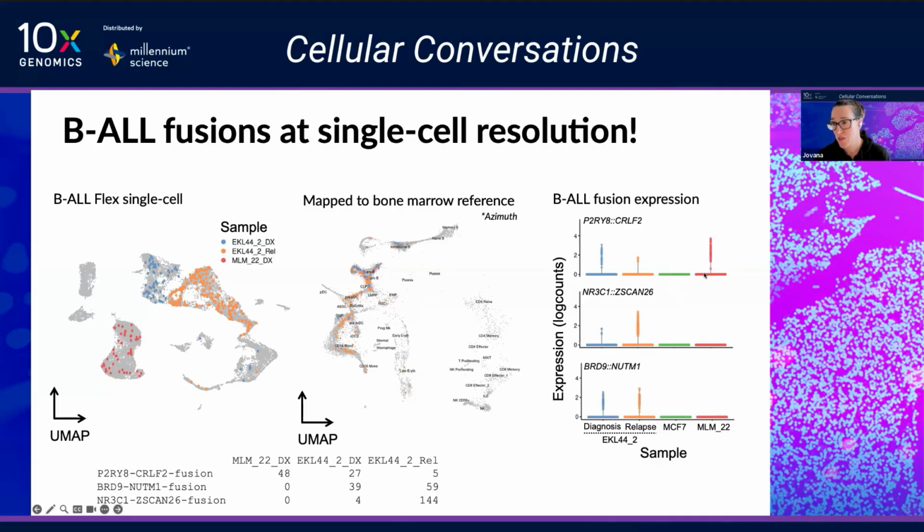We see lots of expression of the CRLF2 fusion in the CRLF2 control sample that we included. And we can see these fusions changing in expression as expected based on the bulk, at the single cell level. What was most exciting here was that in this relapse sample for this patient, we were seeing the expression of this fusion down to the level of 5 cells, I think. Yep, it was 5, and this was not detected in the relapse sample at the bulk at all. So we're showing some really good sensitivity there.